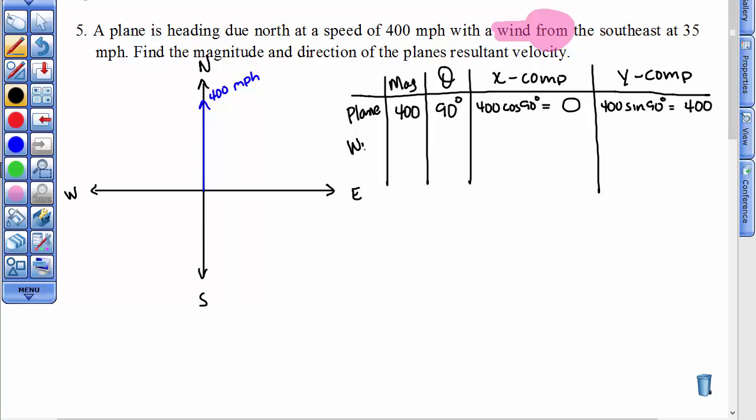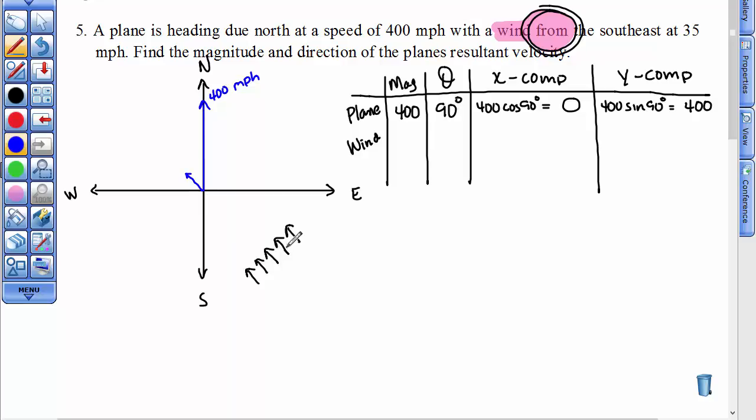All right, we're going to add the wind in here next. The wind is coming from the southeast. So here's the south, here's the east. So this is old man wind blowing from the southeast. It's coming from the southeast, I'm sure you're getting tired of me saying that, at a speed of 35 miles per hour. So it's going into the northwest.